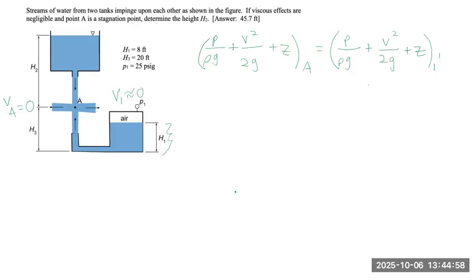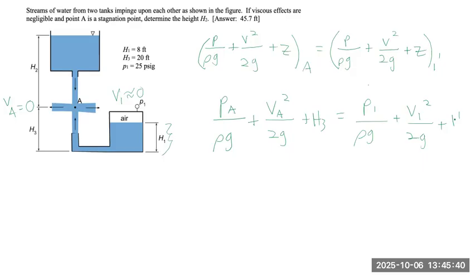So we have to apply Bernoulli's equation now to solve for PA. So PA over rho G plus VA squared over 2G plus ZA, which is H3, is equal to P1 over rho g plus V1 squared over 2g plus H1.